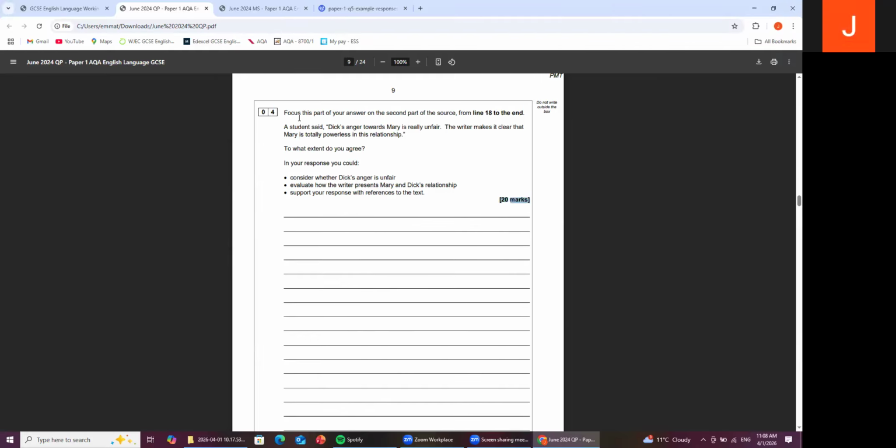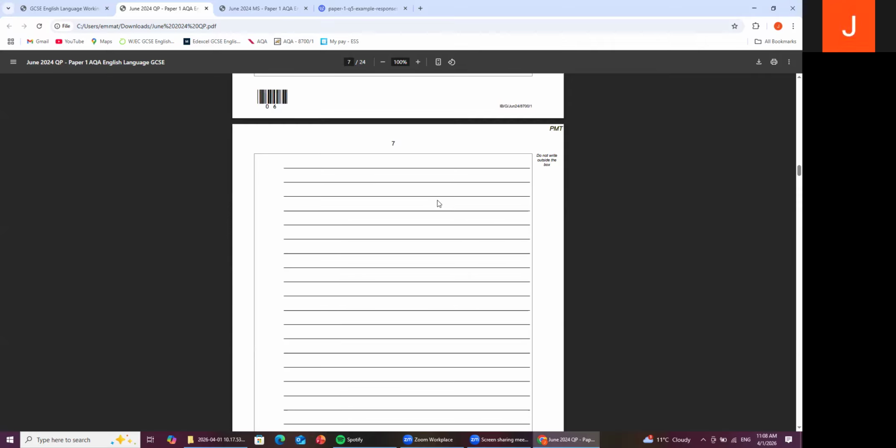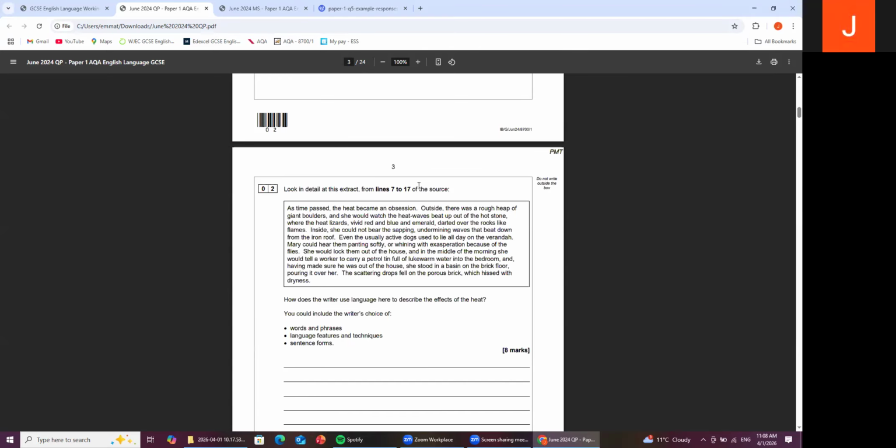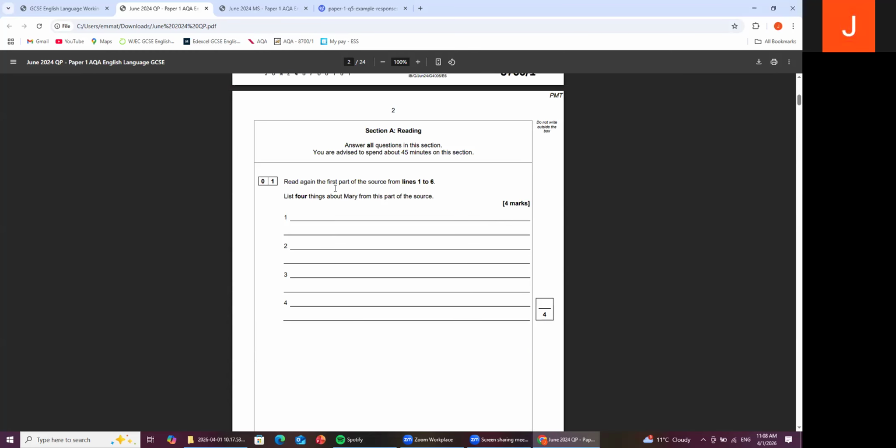You've already got some idea, haven't you, of what's going on in the story, but this is the second biggest amount of reading you have to do. So 5, 3, 4. I would then go to question 2. So you've got a smaller section there, and finally finish on question number 1. So that would be my approach.